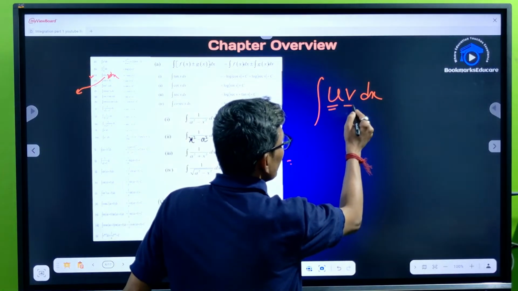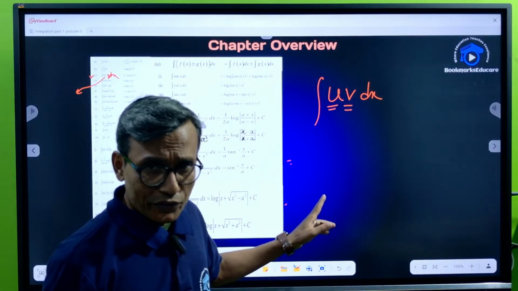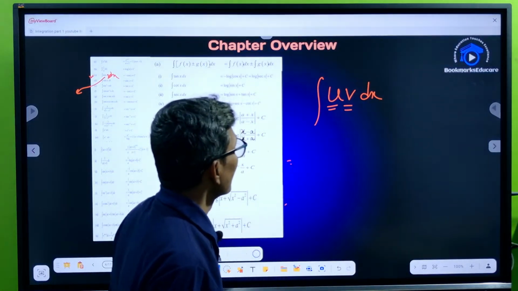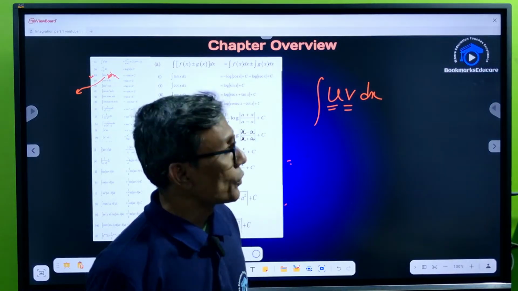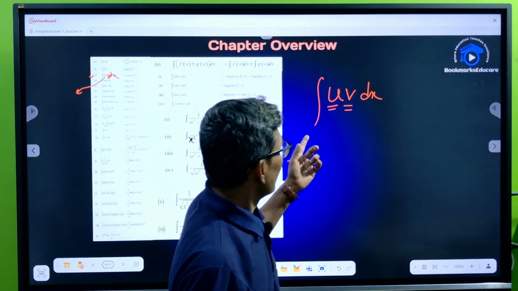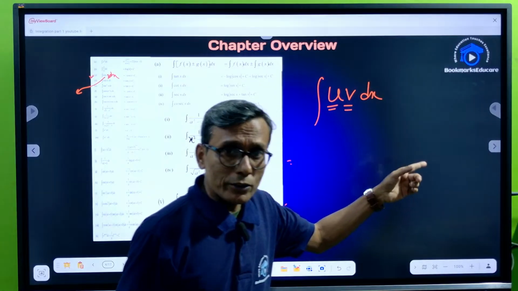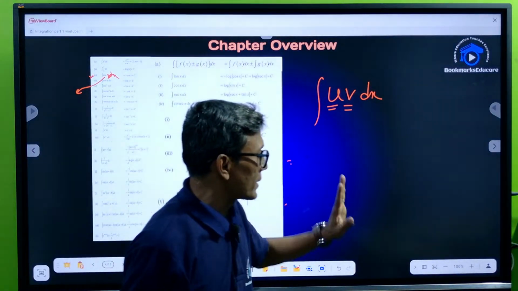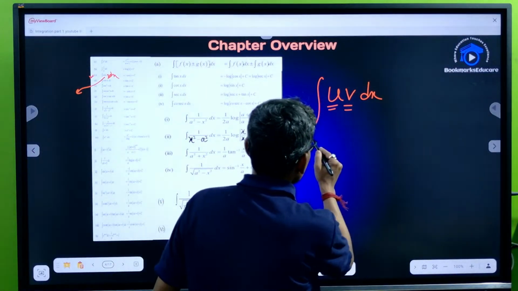So u and v, these two individual functions, and we are asked to find the integral of u into v with respect to the variable x. So then what will be the formula?